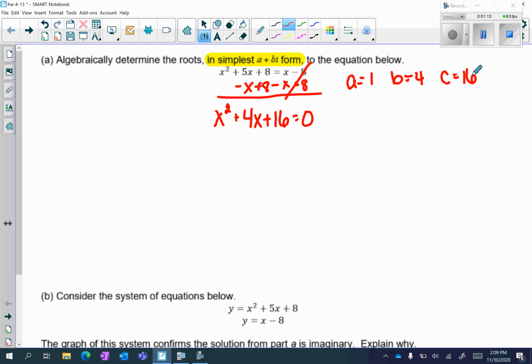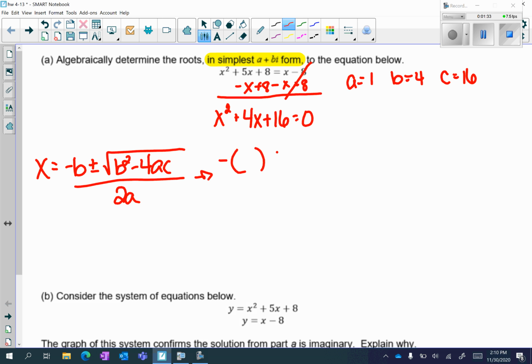Remember that the quadratic formula will be given to you on tests, quizzes, midterms, finals, the Regents, anything like that. x equals negative b plus or minus the square root of b squared minus 4ac all over 2a. I'm going to start by setting up my parentheses so I'm ready to go and just plug everything in.